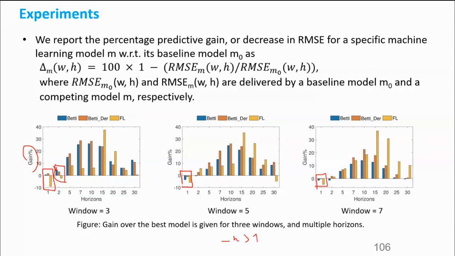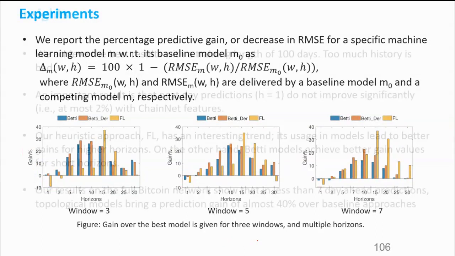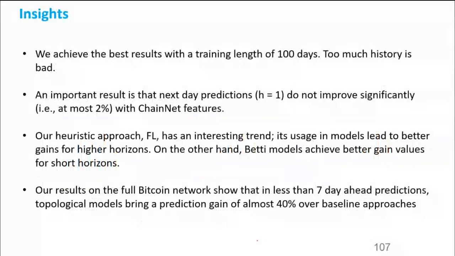So do not try to predict the price tomorrow, because the network activity does not have enough clues for that price change the next day. We achieved the best results with a training length of 100 days into the past. That means if you use the full Bitcoin data to predict a temporal price, it will not be useful. Limit your window. Next day predictions do not improve significantly.